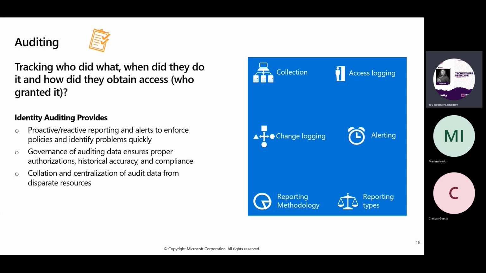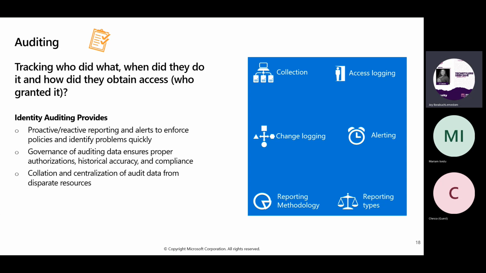It's auditing and alerting that will allow you to see that, and that way we can use the alerting and auditing we're seeing to create authorization policies that can help us to be secure. So auditing helps you to be proactive. It also helps you to be reactive, to alert you so that you can enforce policies that will resolve identity problems.